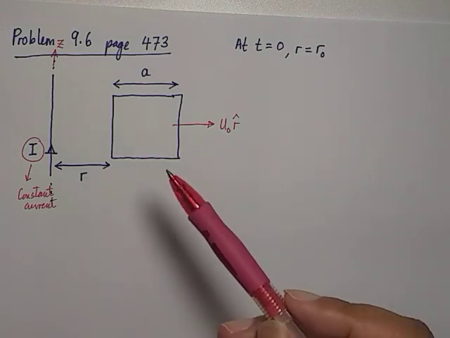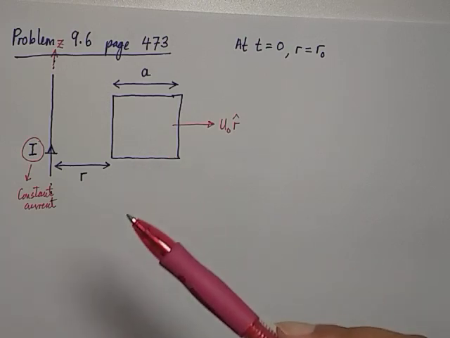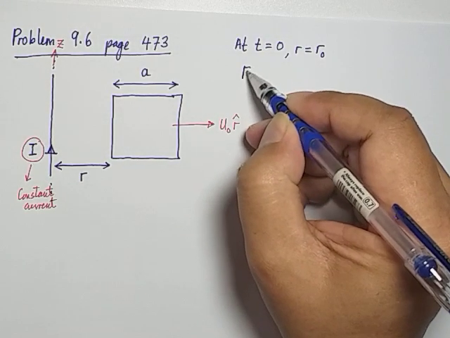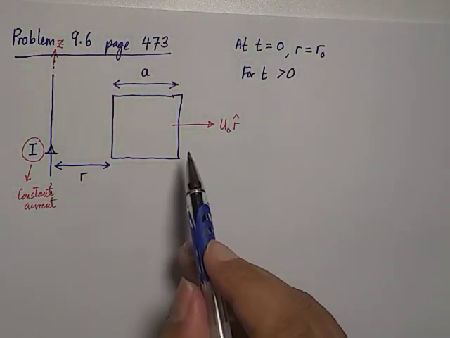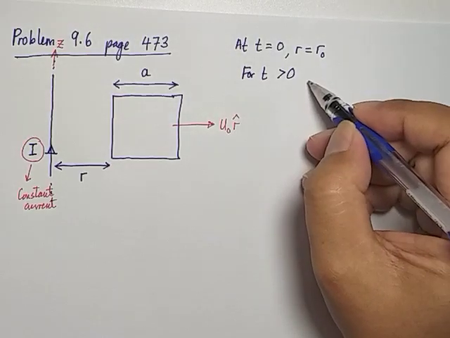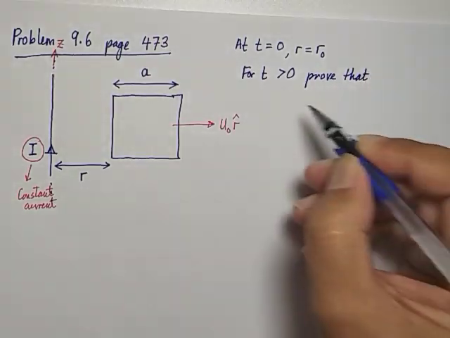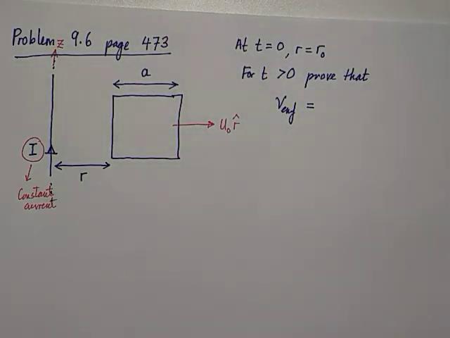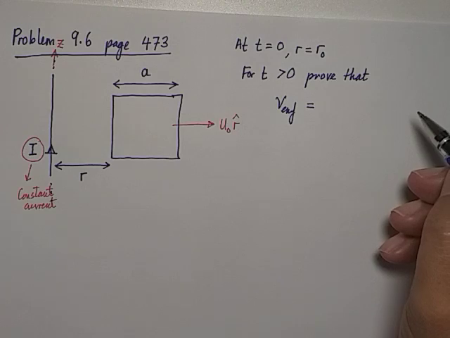That condition will generate what is known as motional EMF. So what the question wants us to do, for t greater than 0, meaning when you are moving the conductor, is to prove that the VEMF induced in the conductor loop is equal to, let me see the equation correctly.